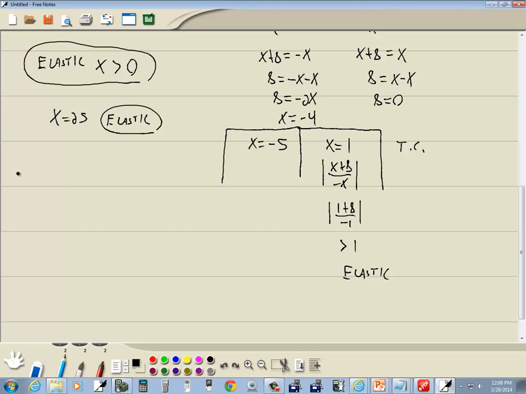Okay, well, let me actually find eta, just so you see what the value is. Eta, without the absolute value, is x plus 8 over negative x.